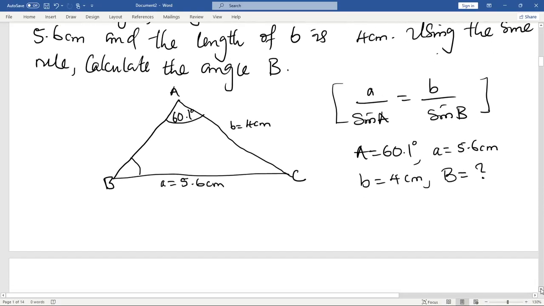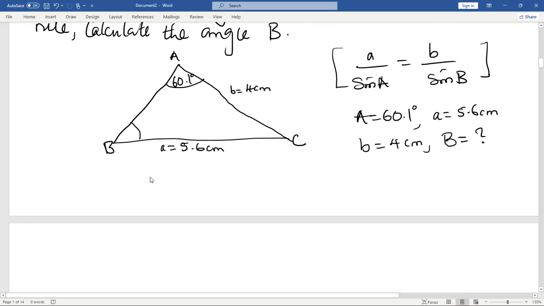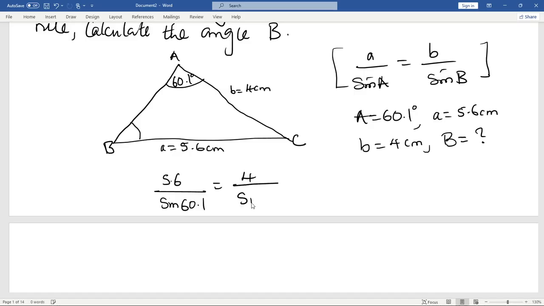Okay, so let's go ahead and solve it. Here we have 5.6 divided by sine 60.1 is equal to b, which is 4 centimeters, divided by sine B, the missing angle. So we do cross multiplication and have 5.6 sine B is equal to 4 sine 60.1.